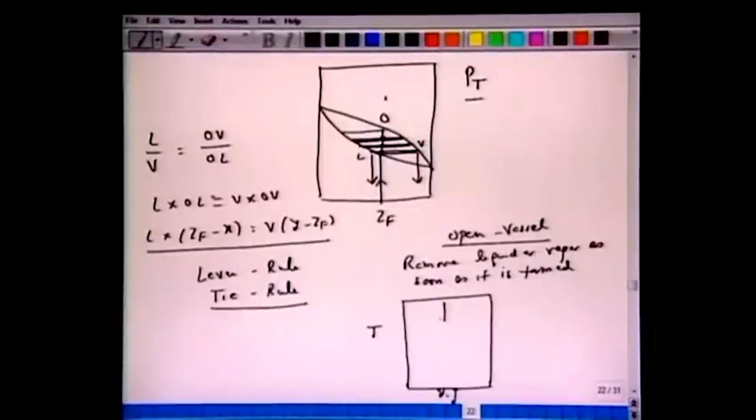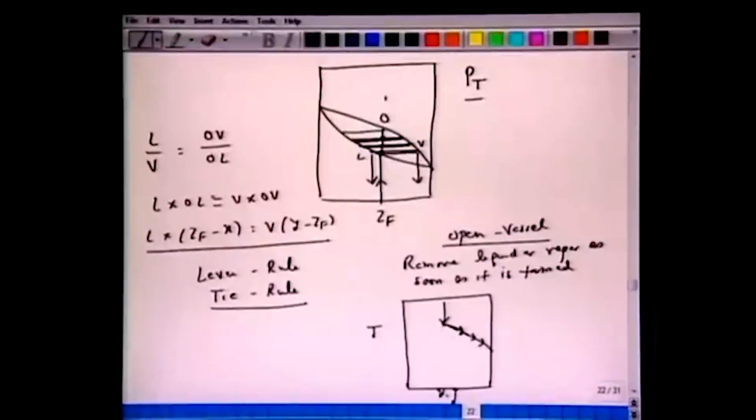If we start with the vapor, suppose it condenses here, that's your first dew point, and remove the liquid. Now further cool it. Now we have the locus which will go like this, because you are removing the liquid as soon as it is formed.